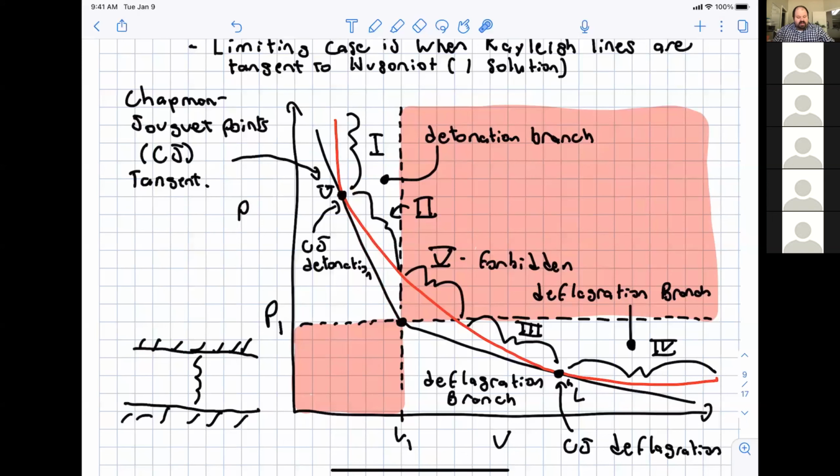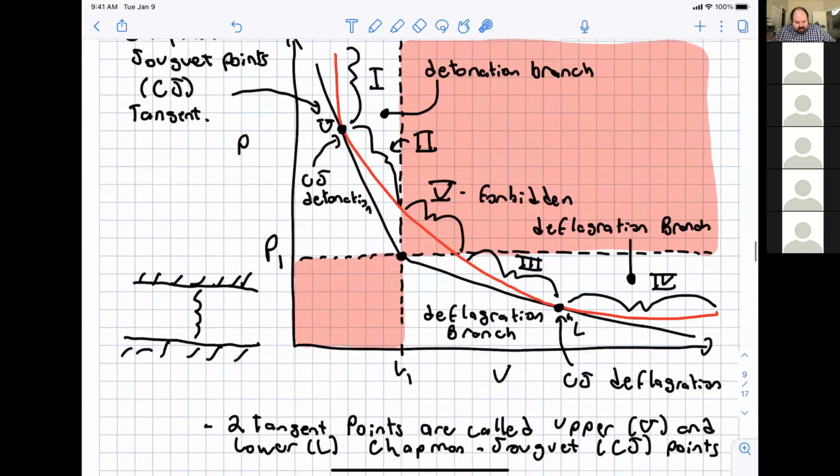That determines how non-Chapman-Jouguet flames and detonations propagate. But the CJ points are different. Here we have a condition where the products are moving at the speed of sound, and so we can uniquely determine these 2 points based only on thermodynamics, and that's it.